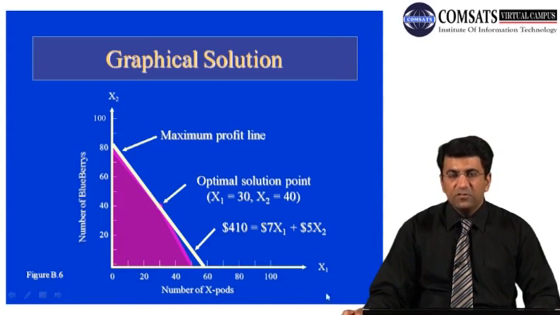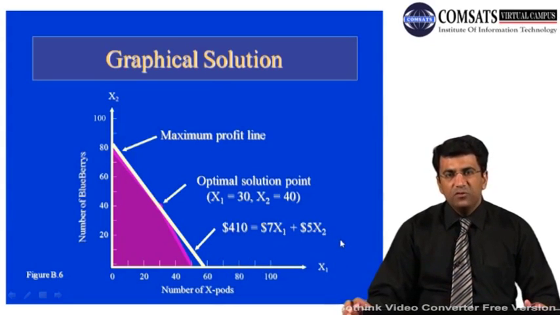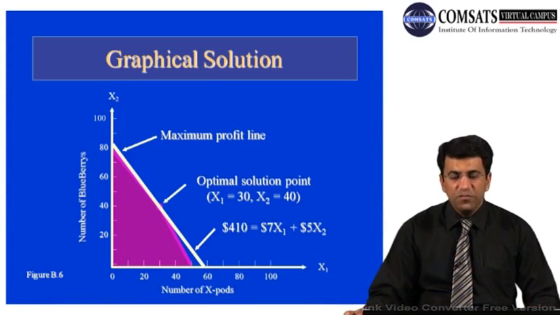That is, x1 on the x-axis will be 30 and x2 on the y-axis will be 40. Now class, these are the decision variable values which can maximize your profit. It means that if we are able to produce 30 units of x1 and 40 units of x2, we will be able to maximize our profit. And what will be that maximum profit? That will be equal to 410.